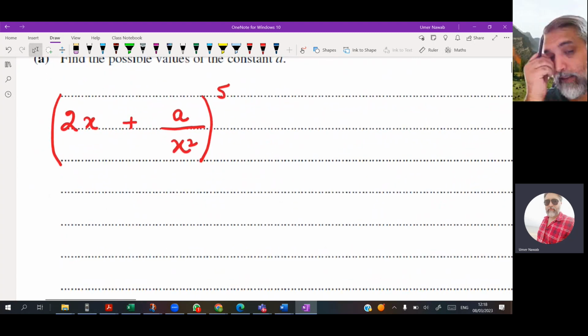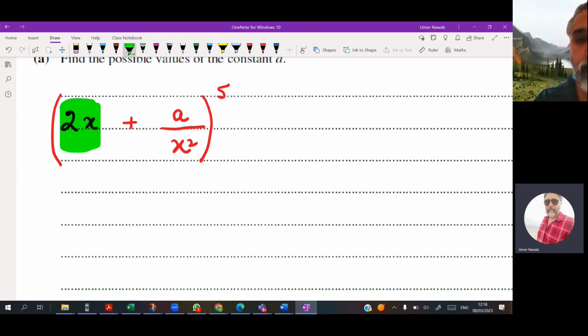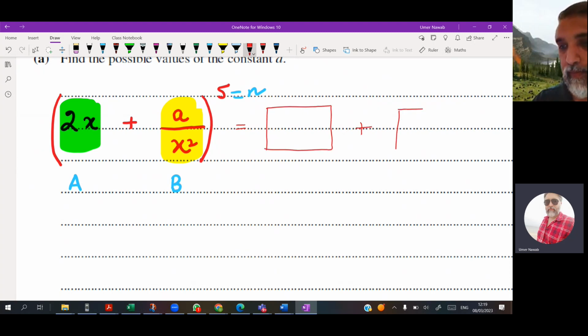If we expand this, this is equal to a, and this one is your b, and this is your n. When I actually expand it, how many boxes am I going to get? I'm going to get 6 boxes.